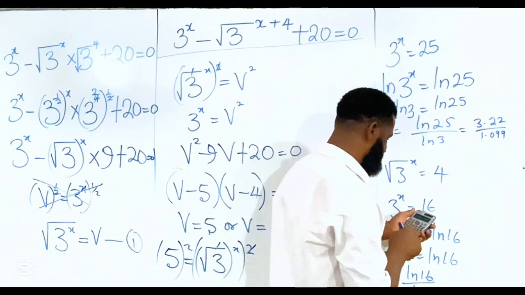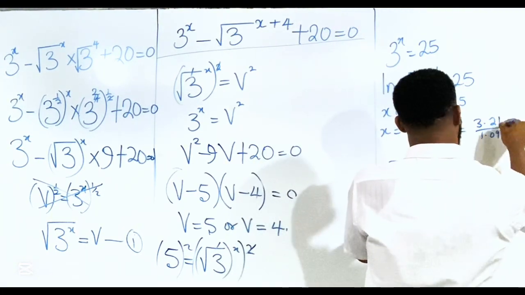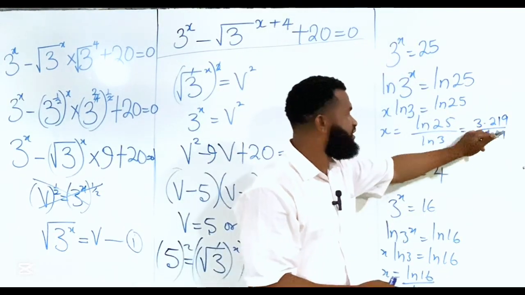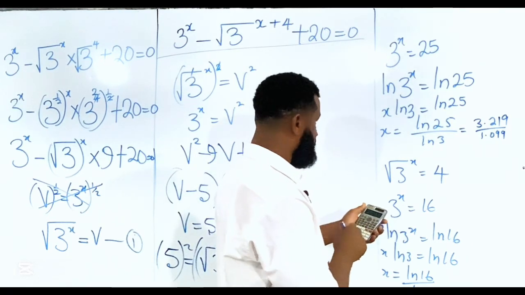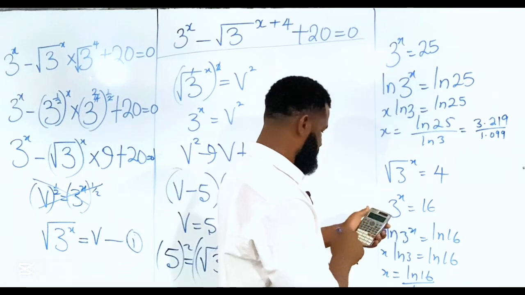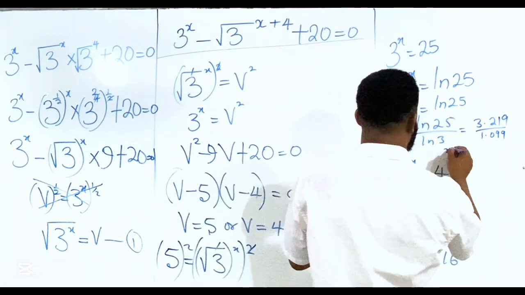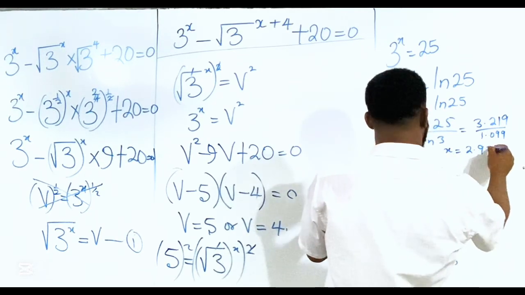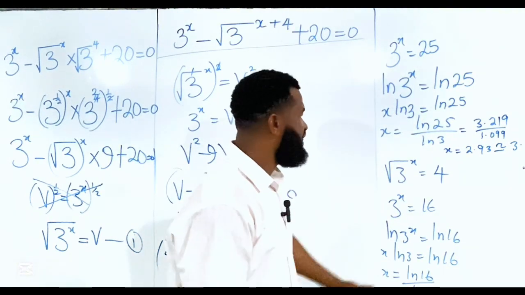Okay, so at this point, let me divide this and see what I will have. 3.219 divided by 1.099. I'm going to have that x is equal to 2.93, which is approximately 3. So x is approximately 3.